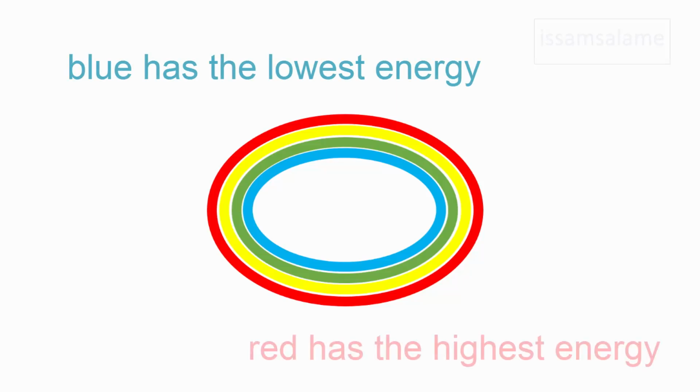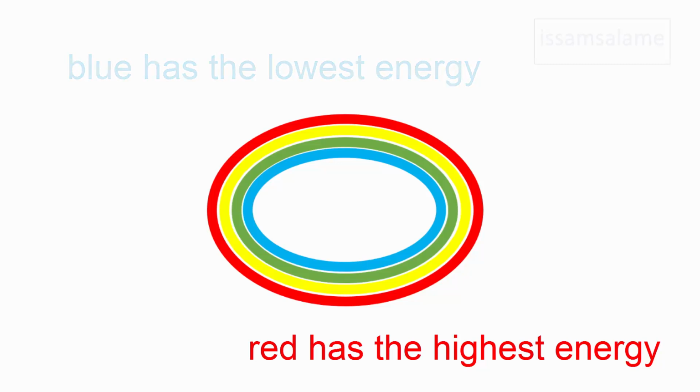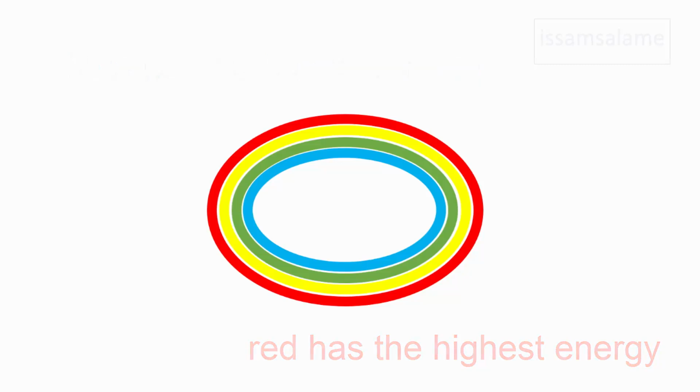The same thing is happening with the electrons. Electrons with lower energy choose the lower energy shells, while electrons with higher energy move through the higher energy shells. So usually electrons are distributed according to their energy through the different electronic shells.